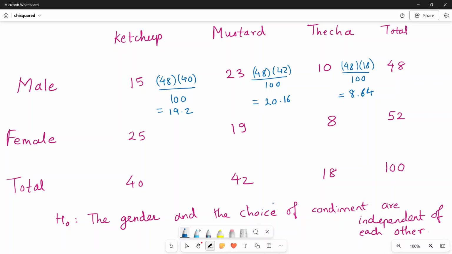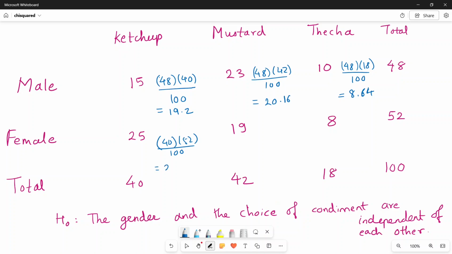These are all the expected values with the assumption that the gender and choice of condiment are independent. And as you can see, these values differ quite a bit from the observed values. Somewhere they are similar, somewhere they are quite different. So let's see. Again, this will be 40 into 52 divided by 100.